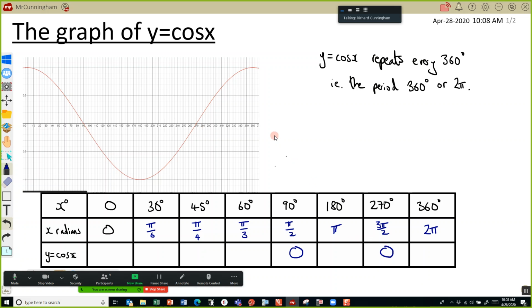What is cos of 360? Same. Okay. And cos of 180? Careful. 180 is -1.